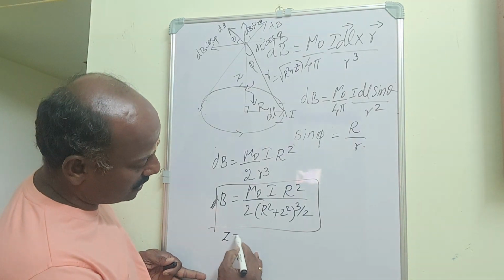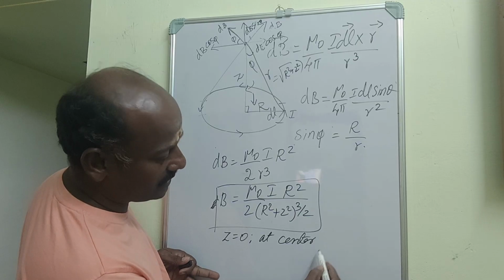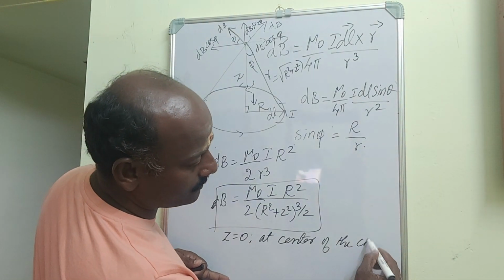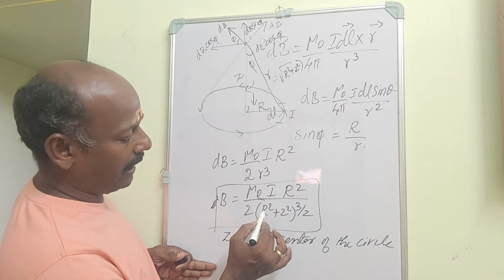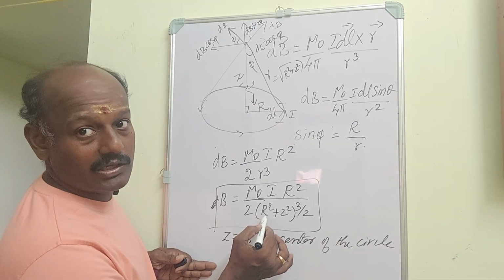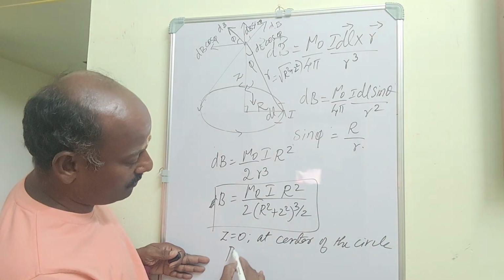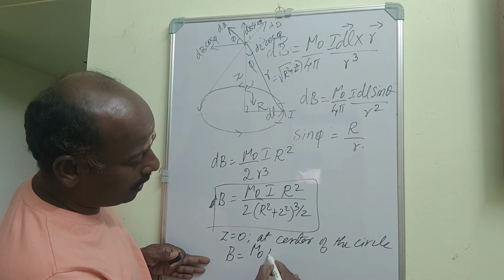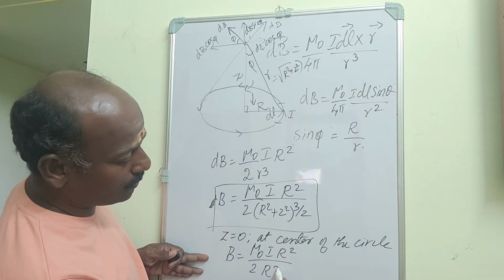So when z is equal to 0, that is at the center of the circle, this will become 0. So I will get R cube. Already R square will be there at the top. So B will be equal to mu naught I into R square divided by 2 into R cube.